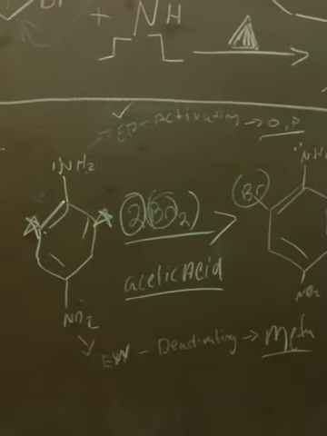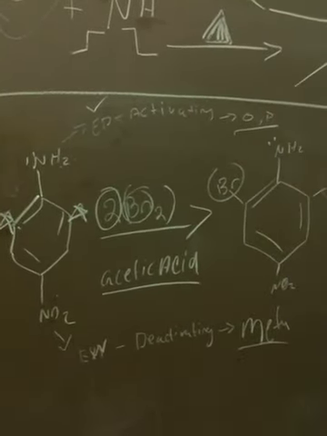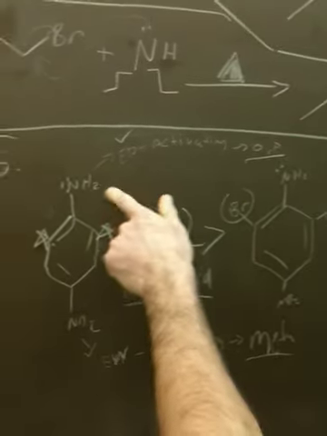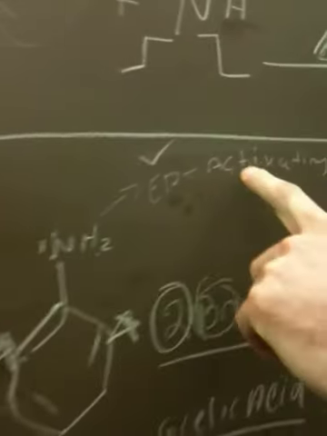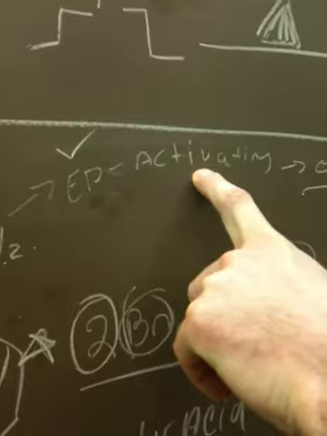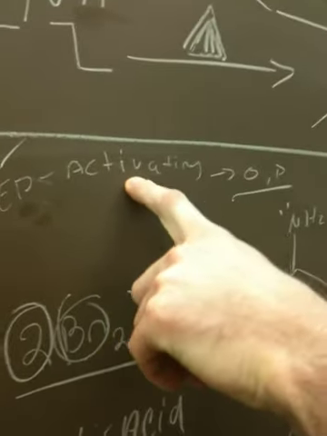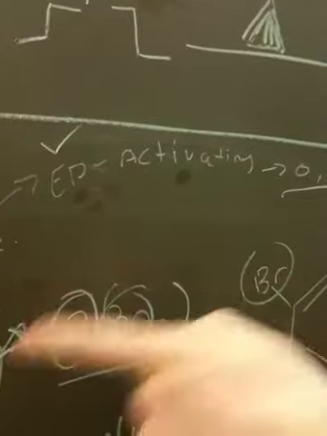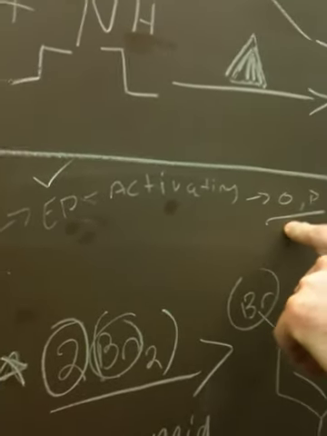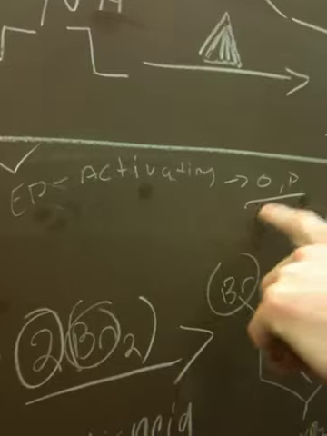So just maybe something to recap too. Anything that's an electron donating group is an activator. Which means whatever's being added adds ortho, para, but mostly ortho.